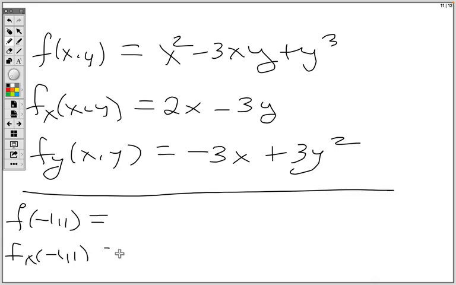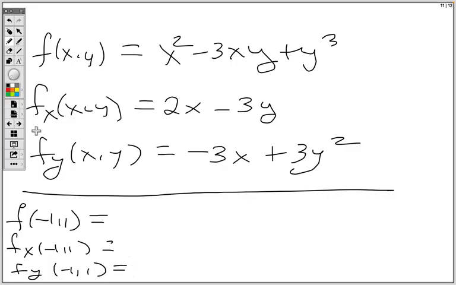Fx at negative 1, 1. Fy at negative 1, 1. So just take an extra step and plug these in now before we start plugging things into that formula, because there's a lot of room for mistake there.